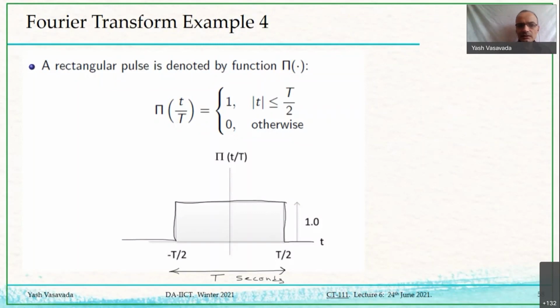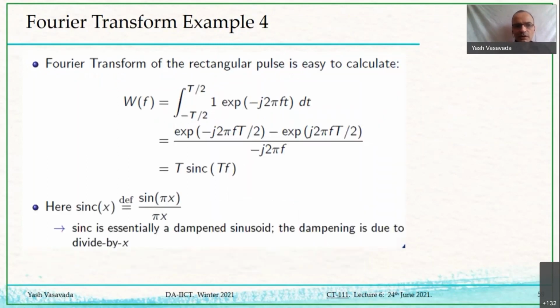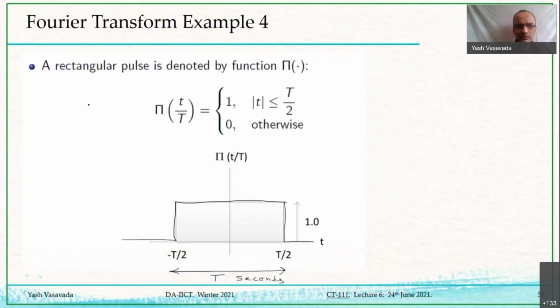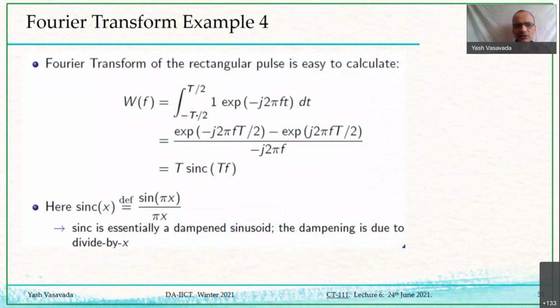Turns out that the Fourier transform is easy to evaluate because all we have to do is evaluate this integral. I call this now W of t. Then the limits of the integral become minus T divided by 2 to T divided by 2 because the signal is 0 outside of it. And within the interval, its value is 1.